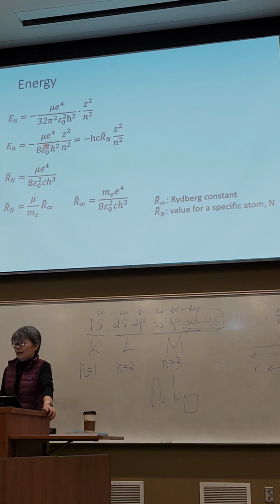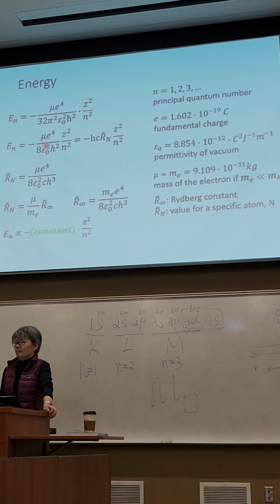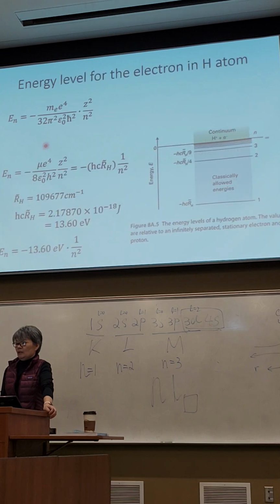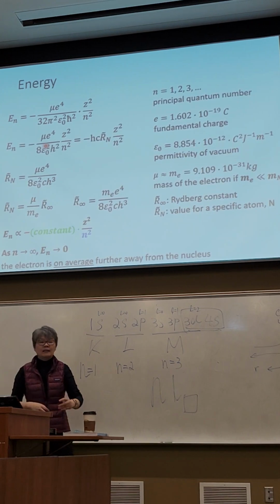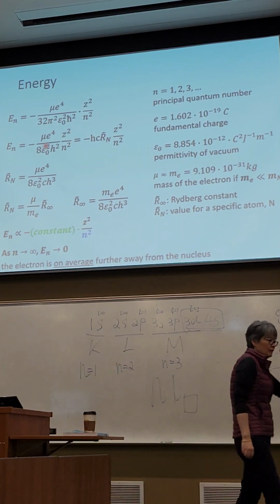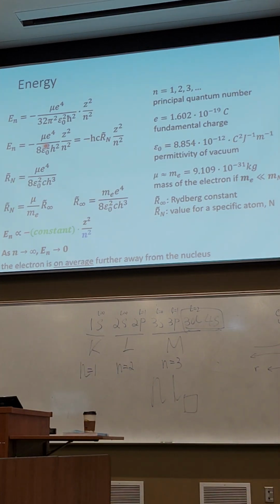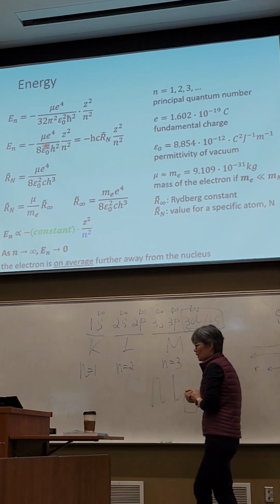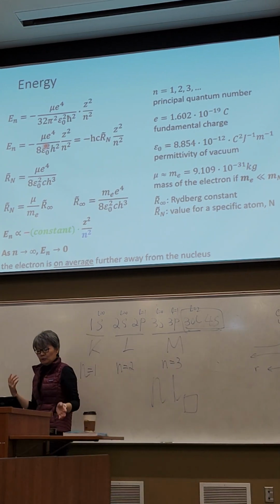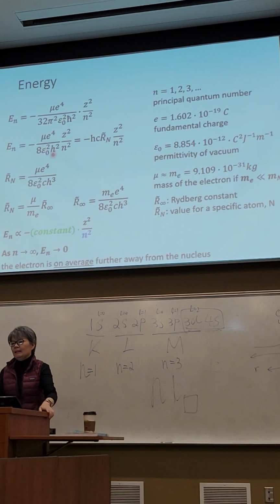Now we can talk about the energy aspect. I'm going to put all this together in one slide. Once we solve for the wave function, we can plug the solution of the wave function back into the Schrodinger equation, and that's how we do it for all systems. And this is an expression for the energy.